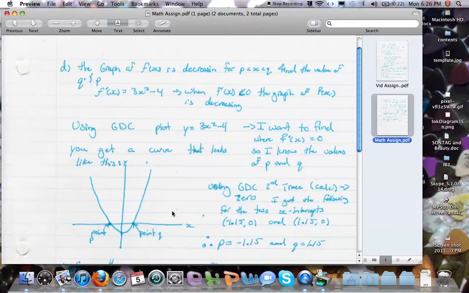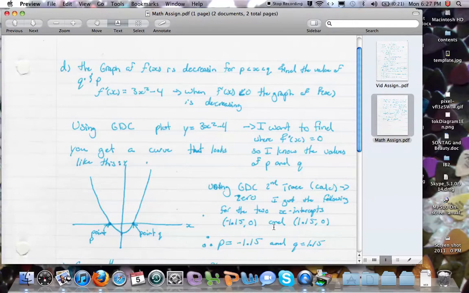So in order to find zero, you put a point to the left of the graph, for instance about here for the left one, and you put a point to the right, which is about here, and then you press enter, and your graphing calculator will give you a value for x when y is equal to 0. So I did this, and I got the following two x-intercepts of (-1.15, 0) and (1.15, 0). And these are rounded slightly, but that is what it gives me.